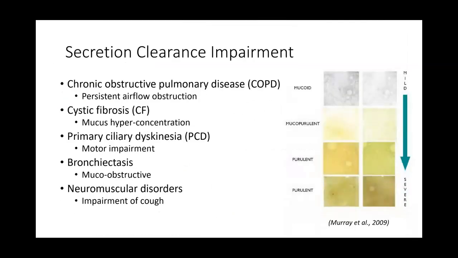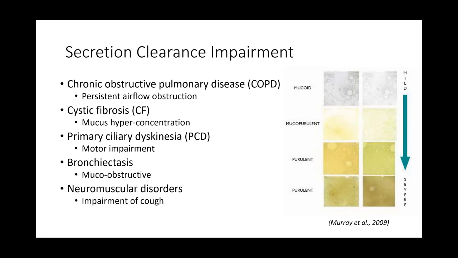And so if we're going to put this into a very high overview, so not going into detail, if we look at our patients with chronic obstructive pulmonary disease, they will have persistent airflow obstruction. Our cystic fibrosis patients, we have mucus hyperconcentration. We've got motor impairment of the ciliary function in primary ciliary dyskinesia.